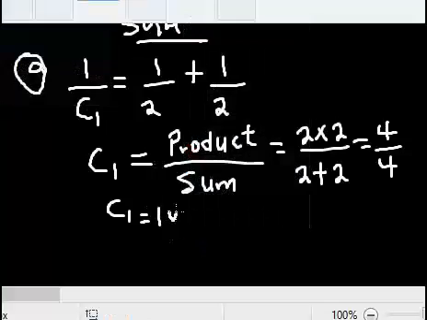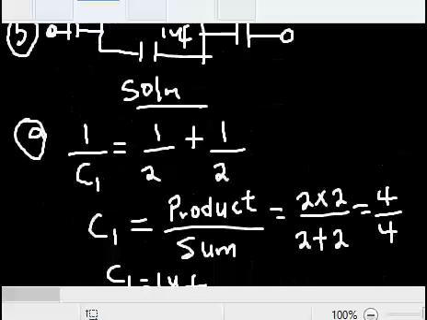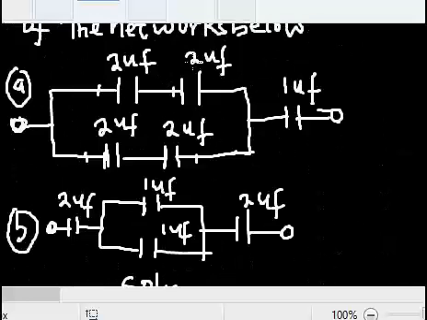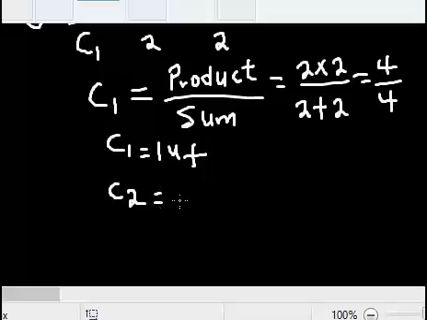So now, that simply means that C1 is 1 microfarad, so these two capacitors at the lower part of the circuit are also 1 microfarad. All right, so I call that one C2, 1 microfarad.